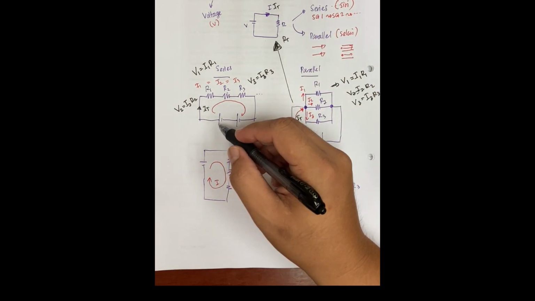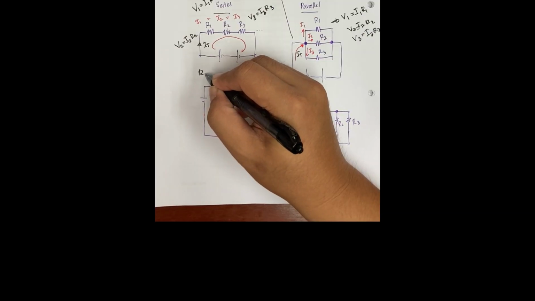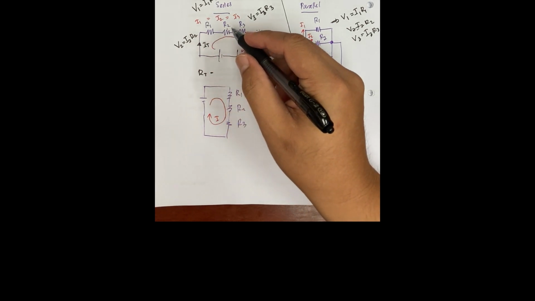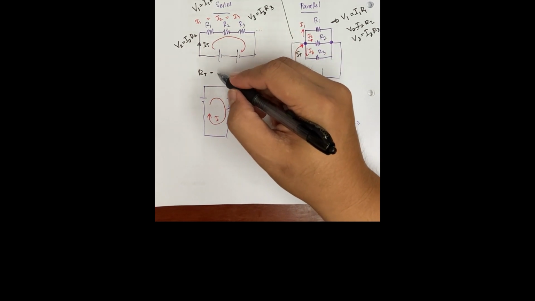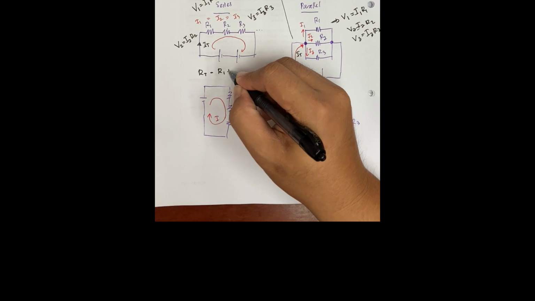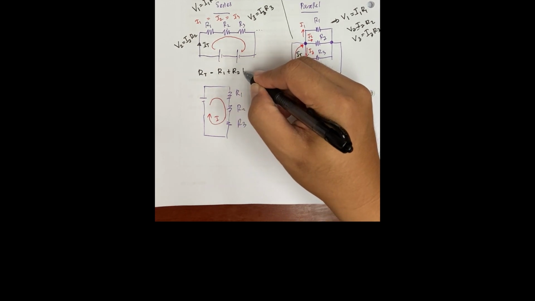For series, the R total is, for this case, R1 plus R2 plus R3. That's all. Easy. Later we will see some examples for more understanding on this. For parallel, it has a different style.